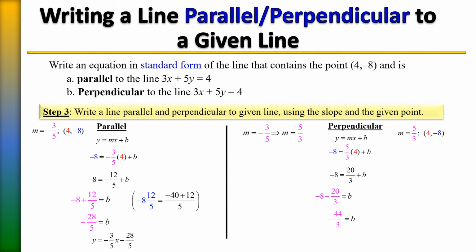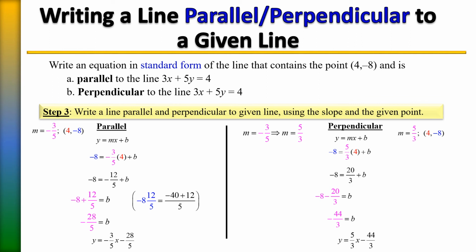Keep your denominator of 3, and so b is negative 44/3. Your line perpendicular then would be y equals 5/3 x, because remember, perpendicular is 5/3 slope. So 5/3 x minus 44/3, and there you have it.